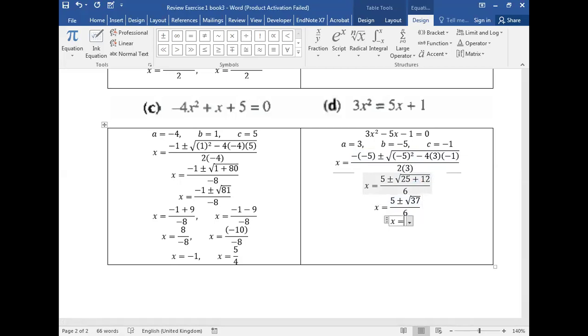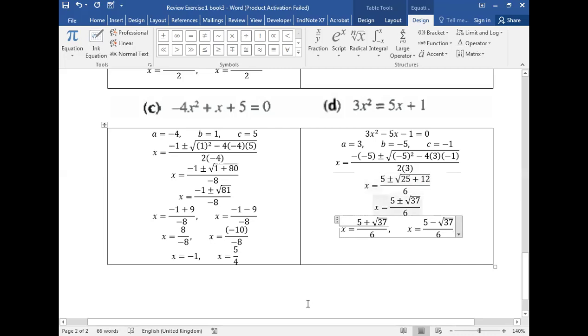So x is 5 plus under root of 37 upon 6. Is this clear?